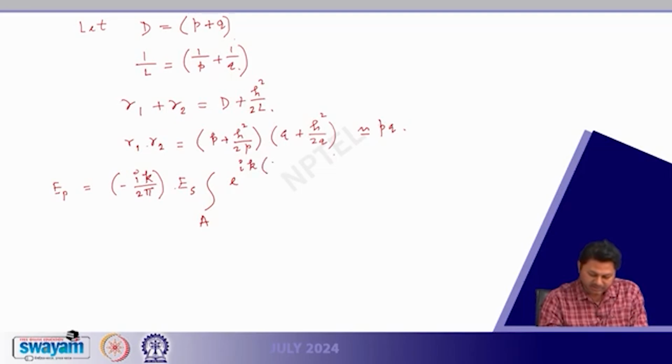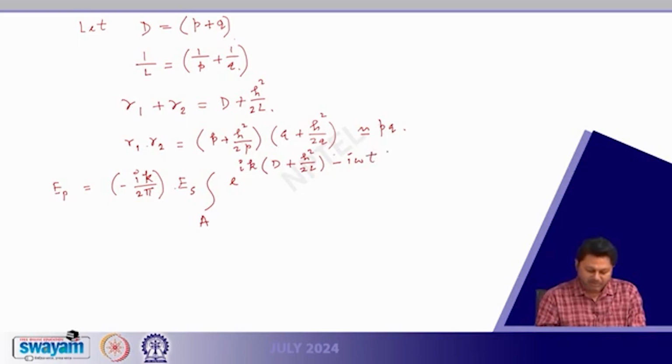So, I can simply write D plus H square divided by 2L minus I of omega t, that is the time part. Anyway, it has nothing to do with the integral, so it will come out. Then PQ over the area, whatever the area. I did not put so far the condition of rectangular aperture. We are doing just a general thing.